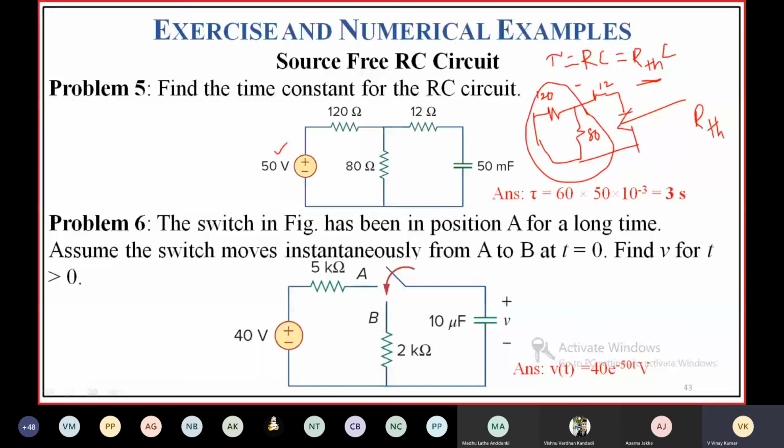This parallel combination is connected in series with 12 ohms, means plus 12, so 60 ohms. So RTH is 60 ohm. What about C? C is 50 millifarads. Which is equal to 3 seconds.